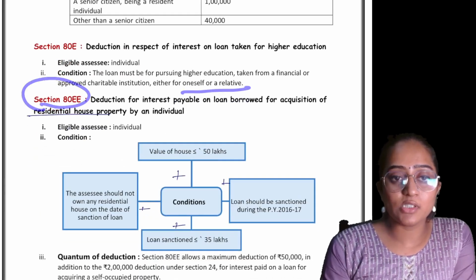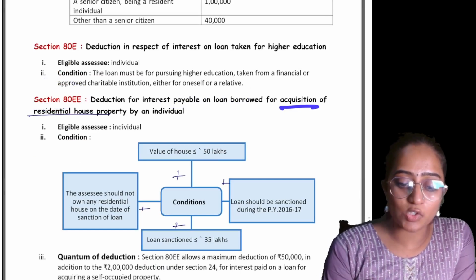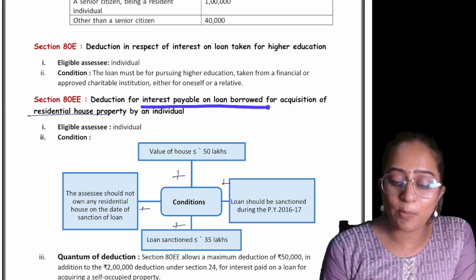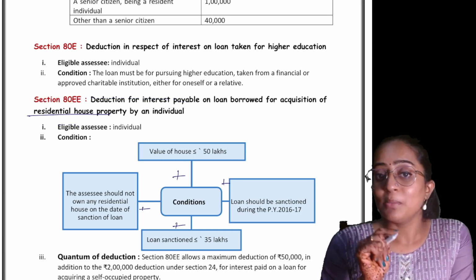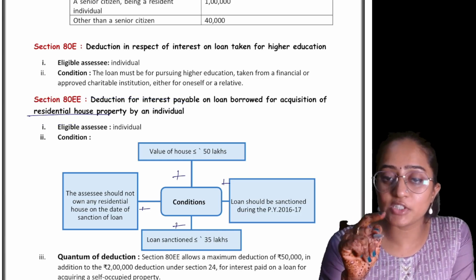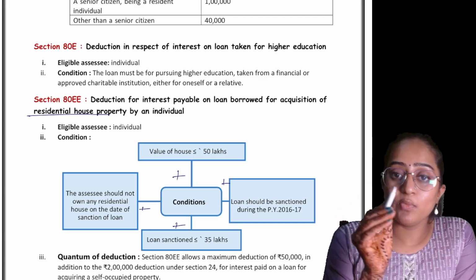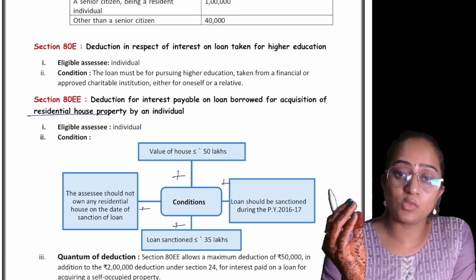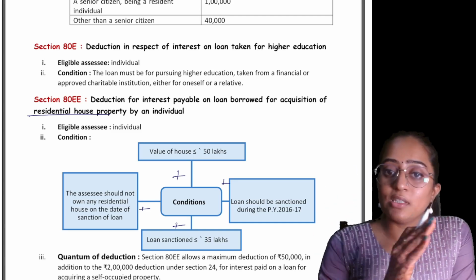80EE speaks about deductions with respect to interest payable on a loan borrowed for acquisition of a residential house property by an individual. People, on this interest payable on the loan, you will get a deduction under section 24B also. Please remember, under section 24B in income from house property you were getting the deduction, right? If you have not watched those revision series of income from house property, PGBP, capital gains, everything has been uploaded.